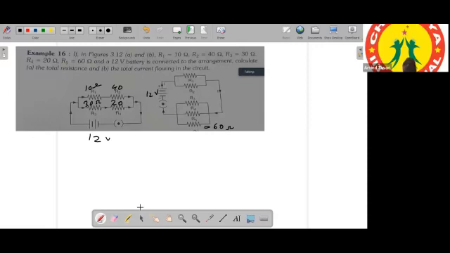For the second one, okay. Anyone got the answer for the second one?